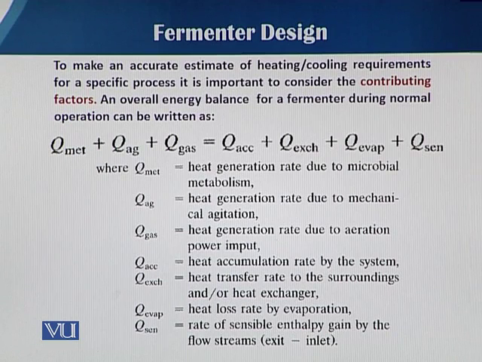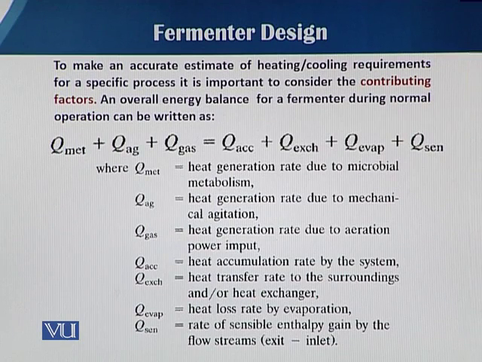So here you can see the equation: Q met plus Q ag plus Q gas is equal to Q accumulation plus Q exchange plus Q evaporation plus Q sensible. Here Q met is the heat generation rate due to microbial metabolism.